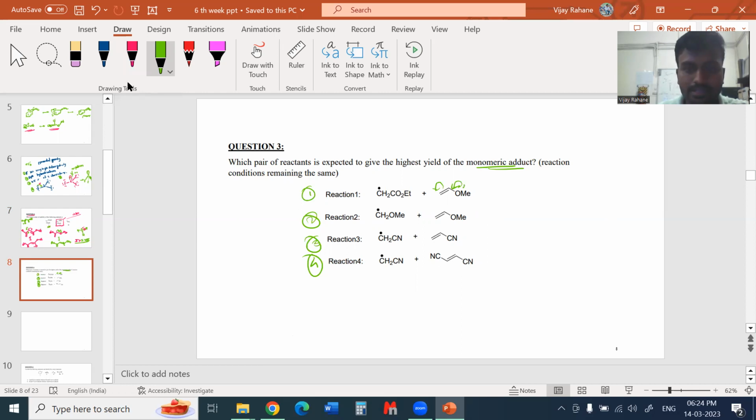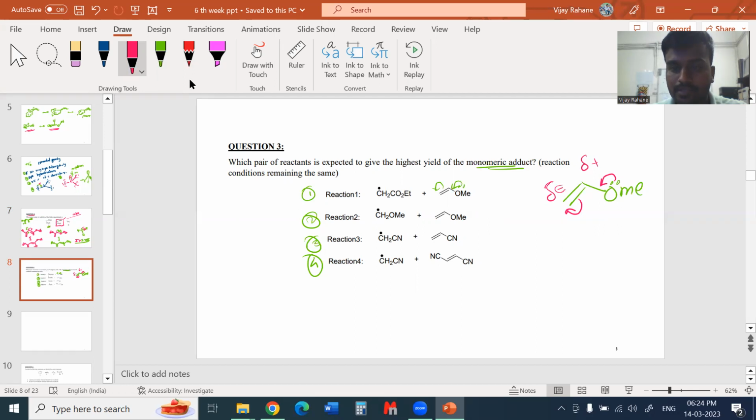So I'll write here only. In this one, the lone pair of electrons, it doesn't resonate like this. So delta positive will be here, and here will be a delta negative charge, right? So this center is electropositive, this center is electronegative.